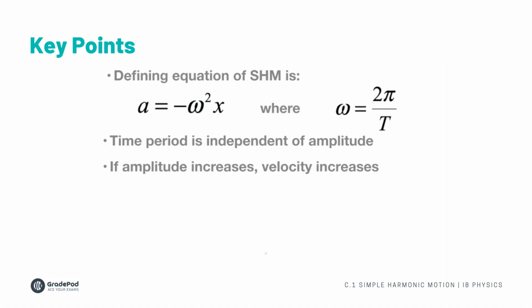Here are the key points that you need to recognise about simple harmonic motion. The defining equation of SHM is a equals minus omega squared x, where omega is equal to 2 pi over T. And that is not unusual.